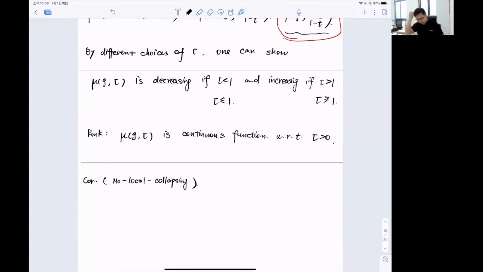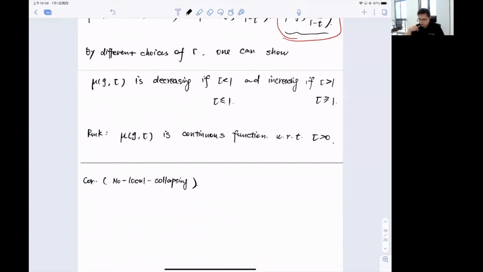So a little history. The no-local collapsing theorem was originally proved by Perelman in order to exclude the cigar singularity in the analysis of three-dimensional Ricci flow. Because he had already proved the monotonicity formula for mu, he can show that for any ancient solution from the blow-up sequence of a compact Ricci flow, the entropy is always bounded below.